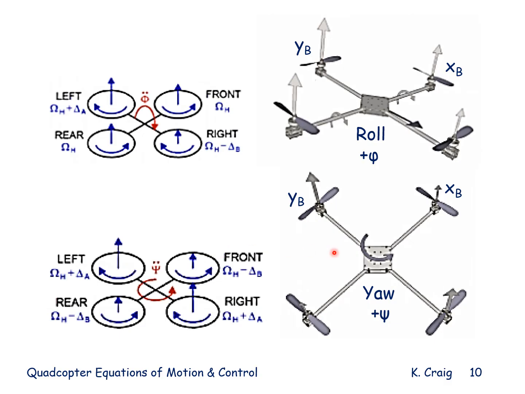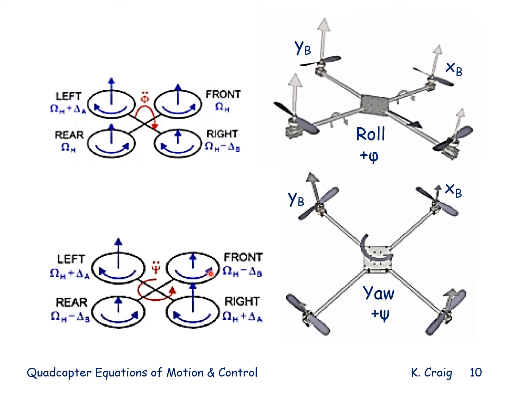The quadcopter's propellers for motors 1 and 3 rotate in the same direction, and the quadcopter's propeller speed of motors 2 and 4 rotate in the same direction, but in an opposite direction.